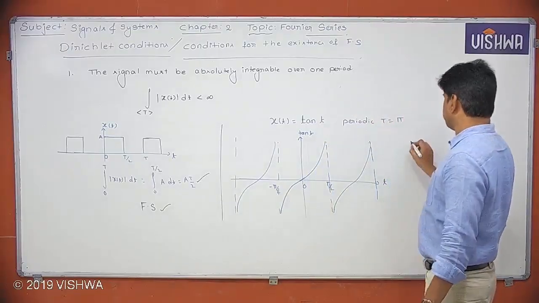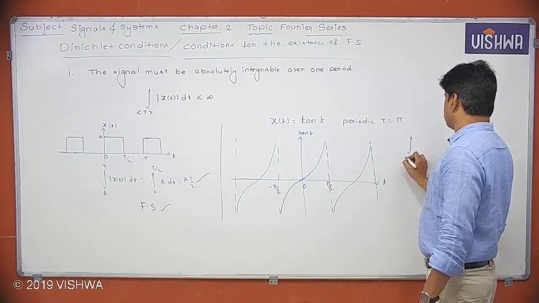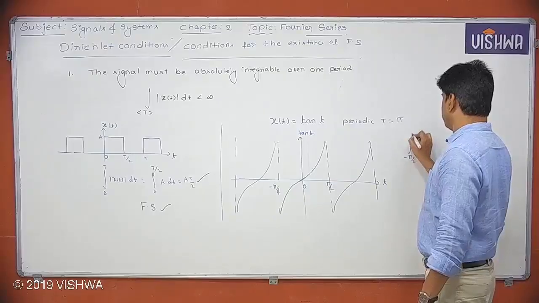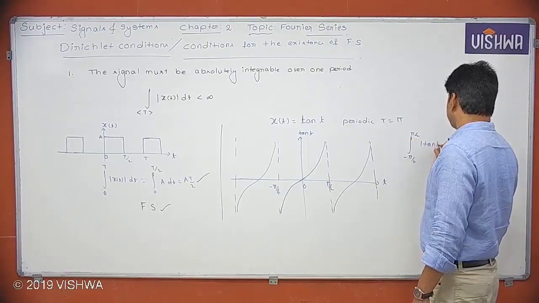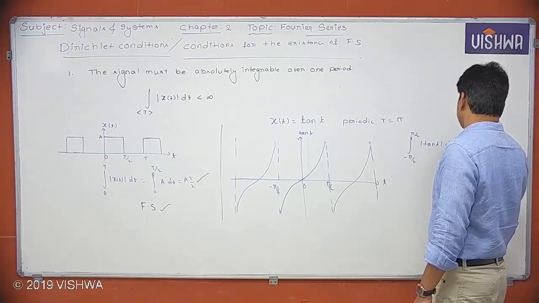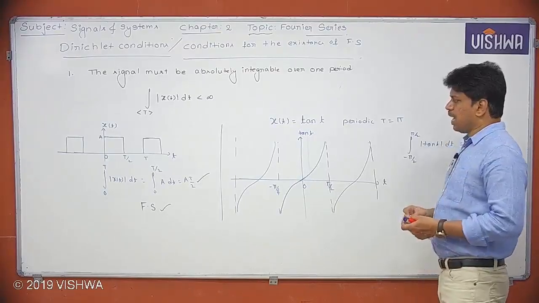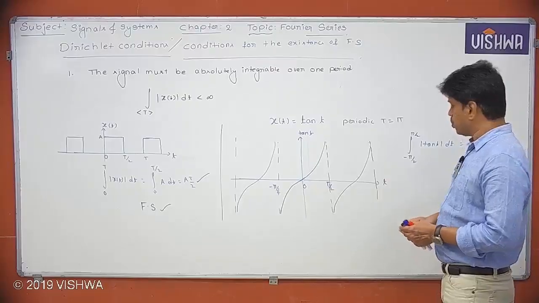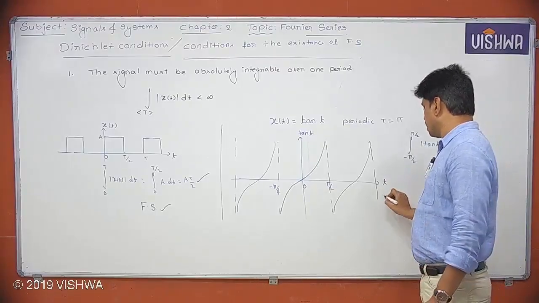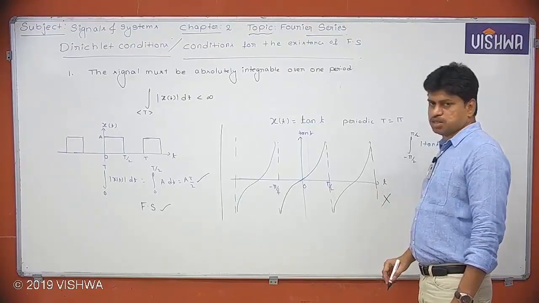So I can write the integral from minus pi by 2 to pi by 2 of mod tan t dt is equal to infinity. So I can simply say it is violating the Dirichlet condition 1. If it is violating the Dirichlet condition 1, Fourier series is not possible.